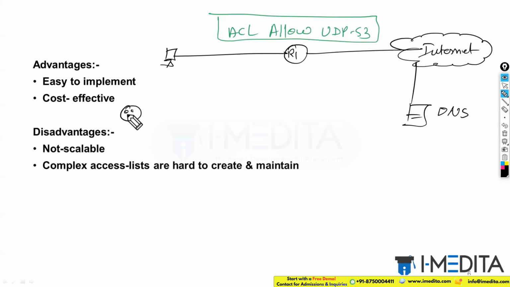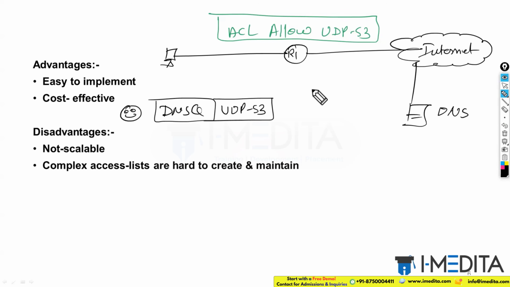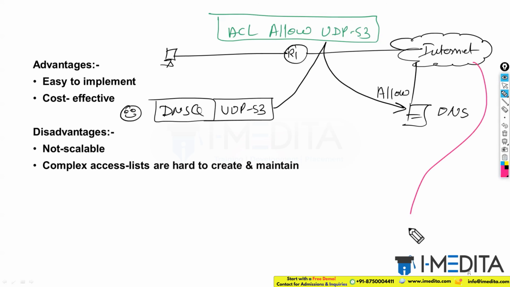So what will happen? We have a client. The client will send a DNS query that will be encapsulated with UDP 53. With UDP 53, the packet will go to the router, the router will check the ACL, and the ACL says allowed. So this DNS query is allowed. But on the internet, we also have another server, which is torrent.